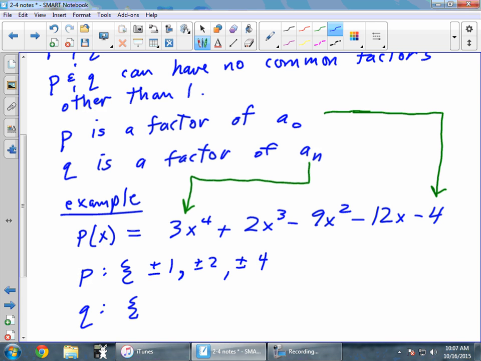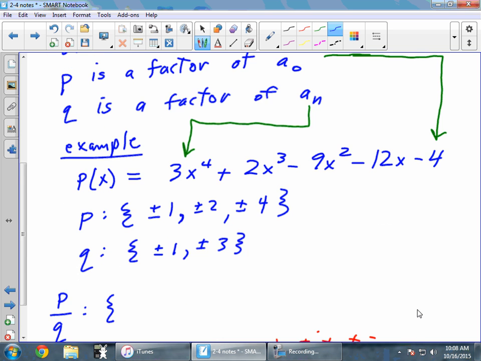Okay, yeah, that'll work. Good. What are the possible factors of q then? Don't be shy. There you go. Plus minus 1, plus and minus 3. Since 3 is a prime number, those are the only two factors. Okay, we're doing pretty well.